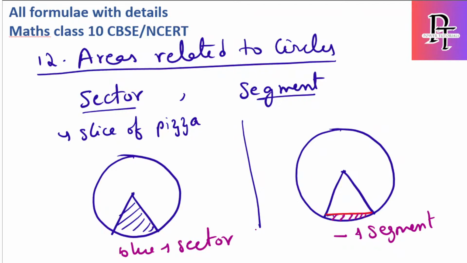In this chapter we are going to cover the areas and perimeters of sectors and segments. For a segment there is no perimeter, only area we need to consider. But for a sector, they can also ask you for the length of the arc. So let's see all three formulas.